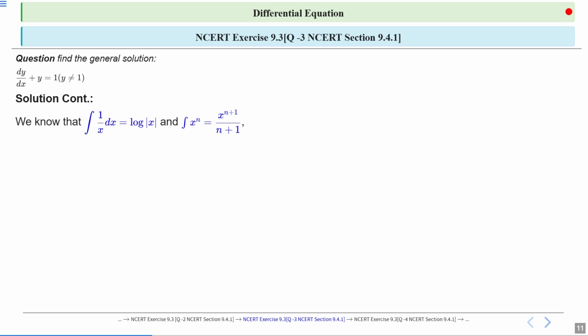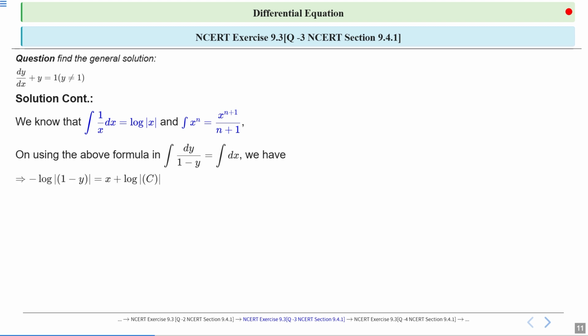As we know, the integration of 1 by x dx is log mod x, and the integration of x to the power n is x to the power n plus 1 by n plus 1. So using these formulas, at first we integrate dy by (1 minus y). So we get minus log mod (1 minus y).